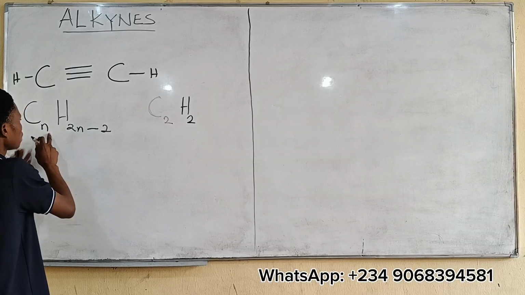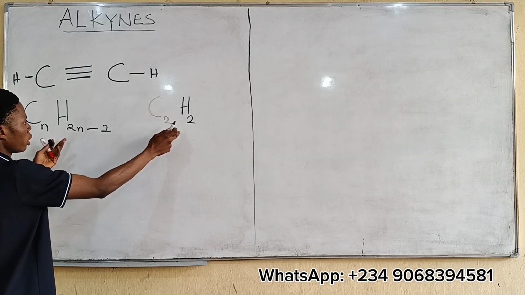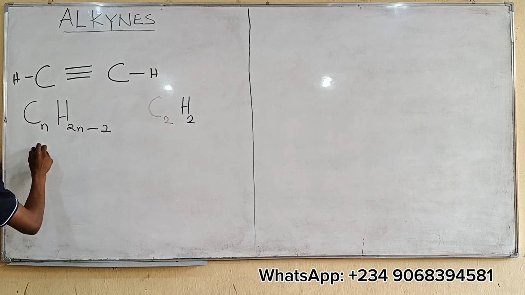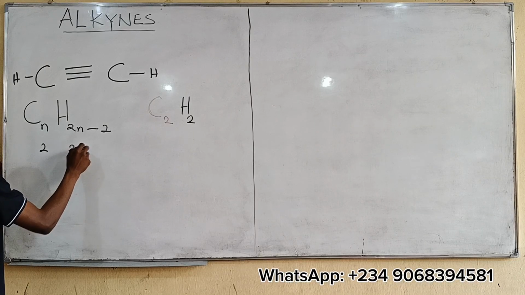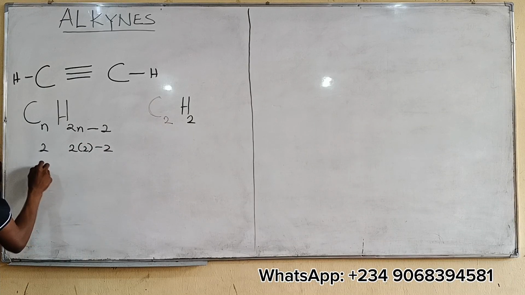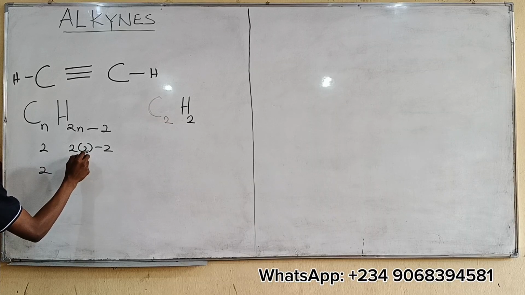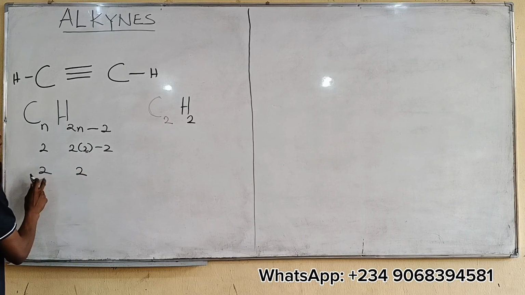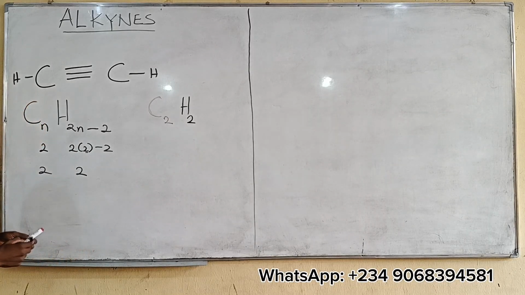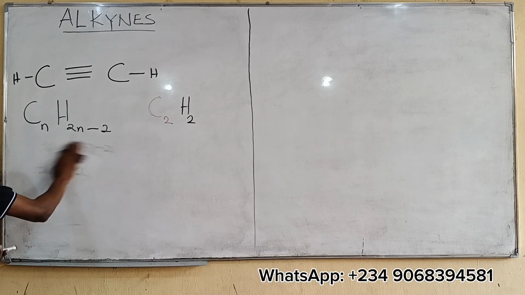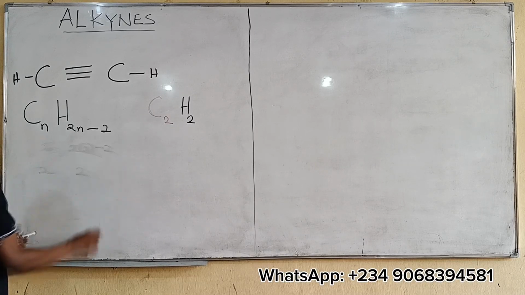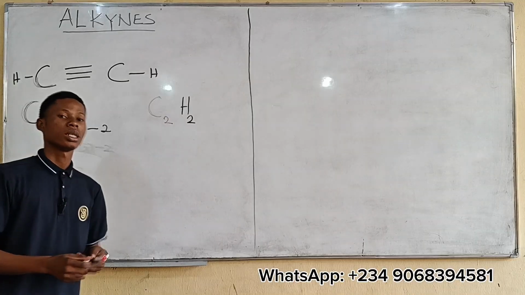Now, the formula is saying CnH2n minus 2. Our n here is 2. So this will be C2, and here will be 2 times 2 minus 2. 2 times 2 is 4, 4 minus 2 is 2. That's why we're having C2H2. So that's the general formula of the alkynes: CnH2n minus 2. Please take note because it's an exam-concentrated area.